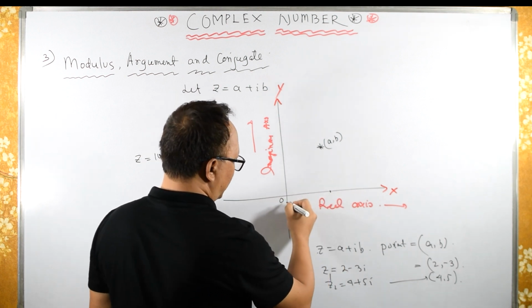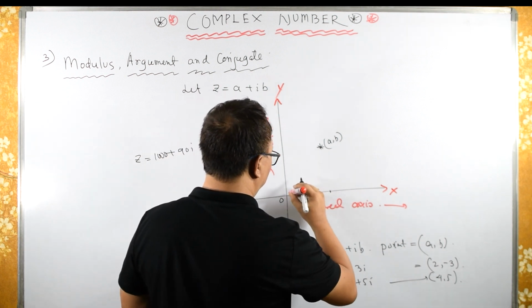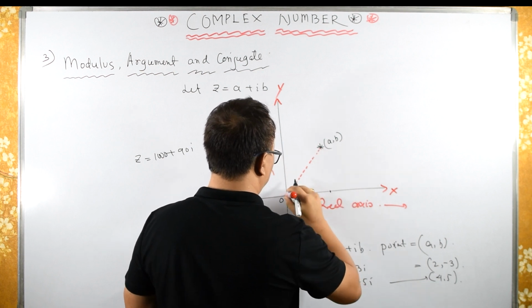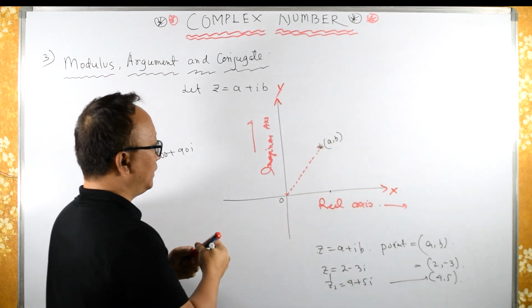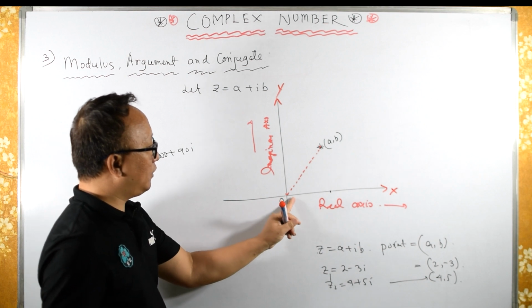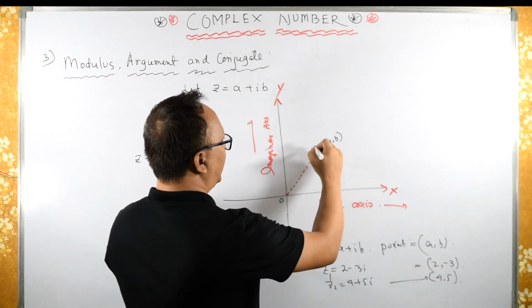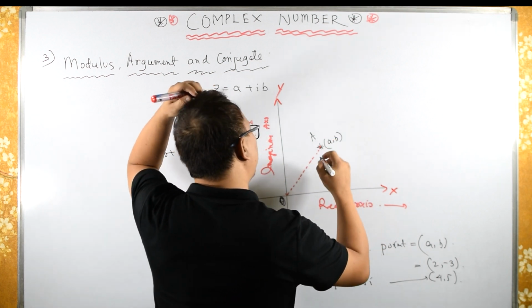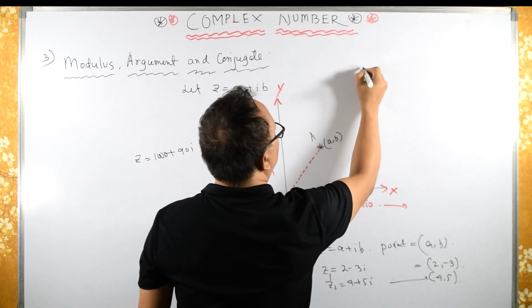Now this is the origin. If I join like this from here to here, and I want to find the distance between O and, say for example, A, remember we have 2 points.